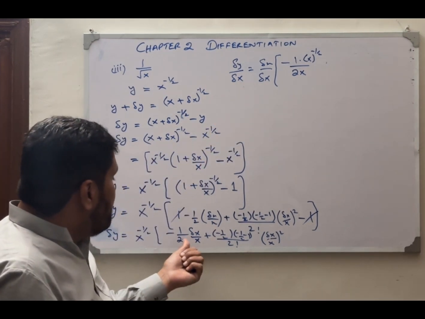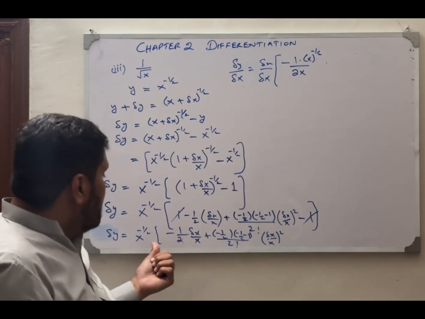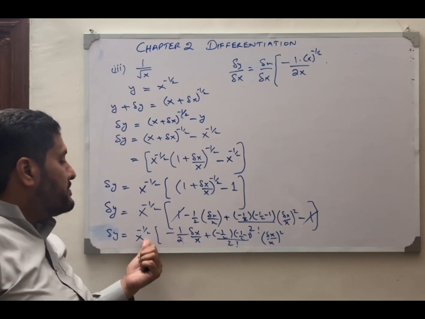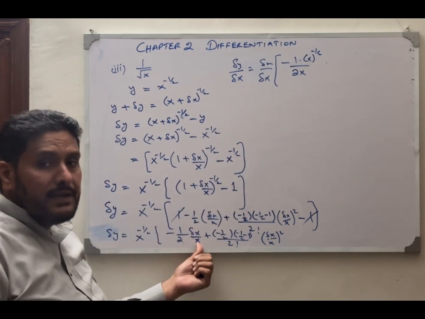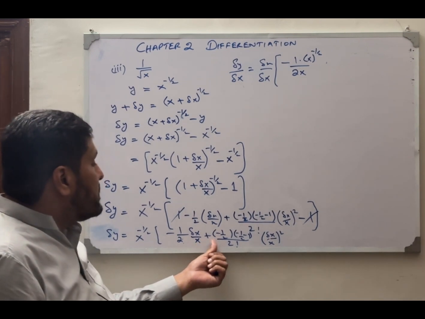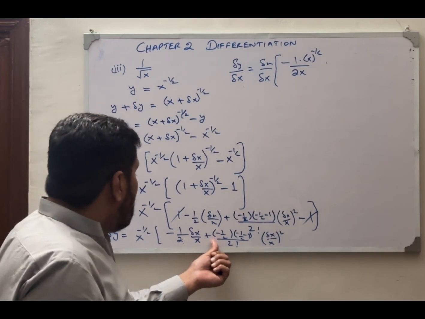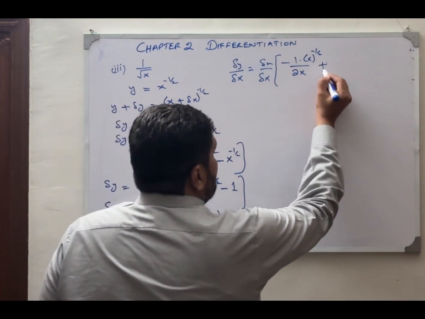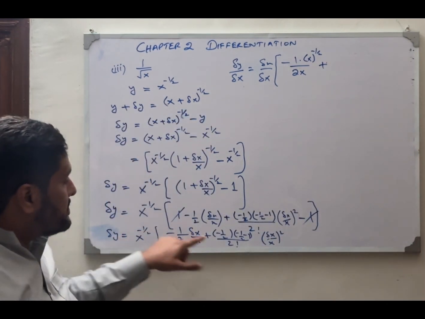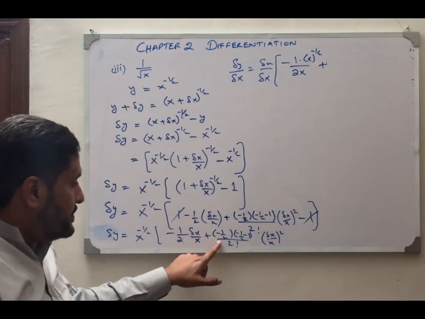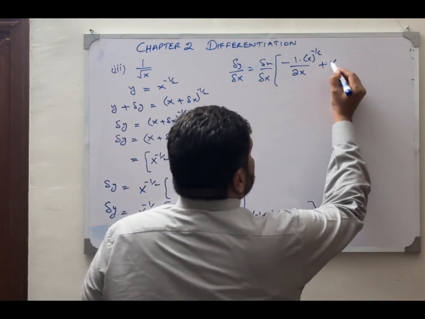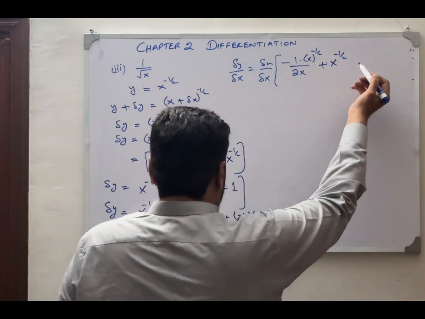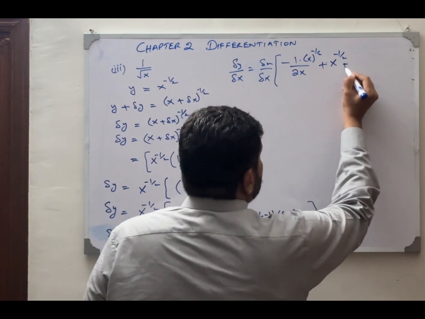So the inner term will become 1 minus 1 by 2 into multiplied by this x power minus 1 by 2. This delta x is taken as common and divided by x. Similarly, for the second term, this x power minus 1 by 2 will be multiplied with the second term as well.